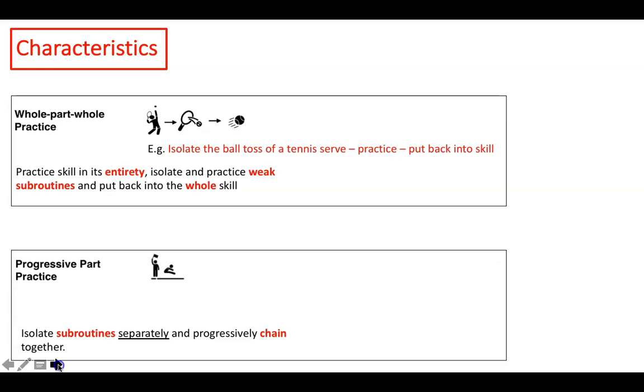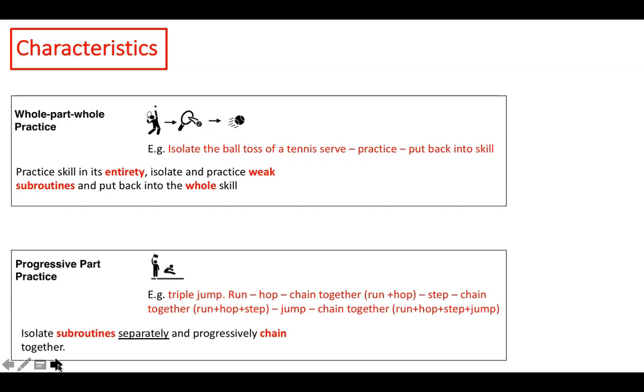For example, for a triple jump you isolate the subroutine of running and practise the run alone, that is it. Then you isolate the hop and practise the hop entirely on its own. Then you chain the run and the hop together and practise them together because you've chained it.